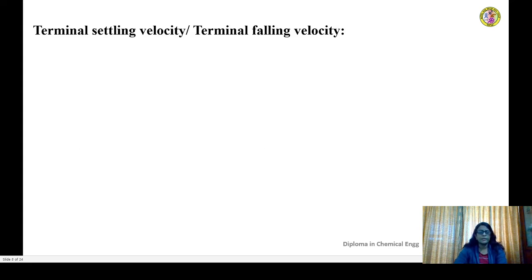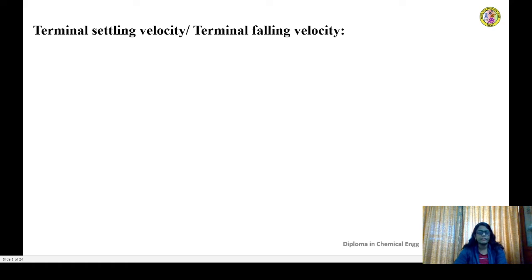Let me now tell you about a topic called terminal settling velocity or terminal falling velocity. See, sedimentation is that operation in which the solids are separated from liquids by making them settle to the bottom under the influence of gravitational force. Whenever a particle settles in a stationary column of liquid, it will be acted upon by various kinds of forces.